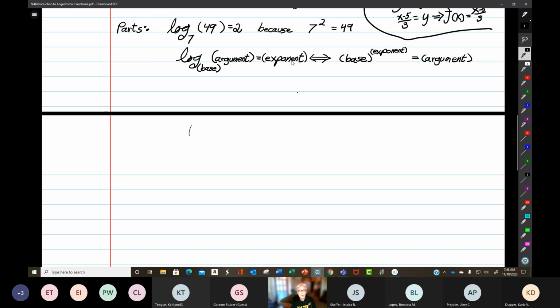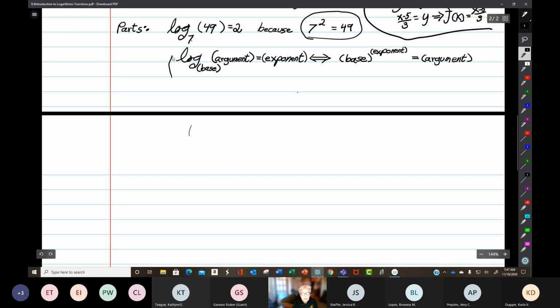The exponent of what? Log base 7 of 49 equals 2. 2 is the exponent of the basic exponential function 7 raised to the 2 power, here's the exponent, equals the argument. The base raised to the exponent equals the argument.